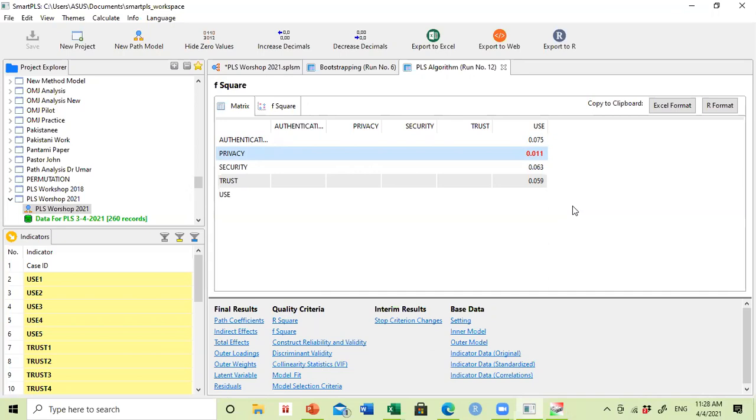You have to satisfy all four: one, T value; two, P value; three, confidence interval; four, F square. A lot of people are saying you have to use it. There's one paper I wrote where I had to use all of them to satisfy the reviewer that it is significant.